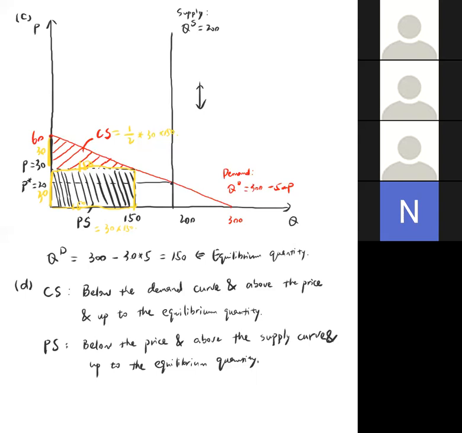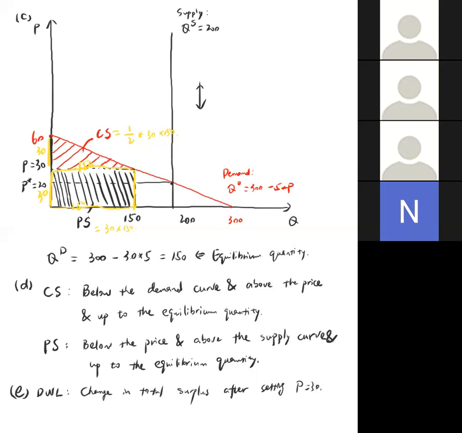And then moving on to part E: on this graph, label the deadweight loss generated by a fixed price of $30, if there is any. So for part E, we need to find out the deadweight loss. The deadweight loss is just the loss in total surplus, so this is the change in total surplus after setting P equals 30.